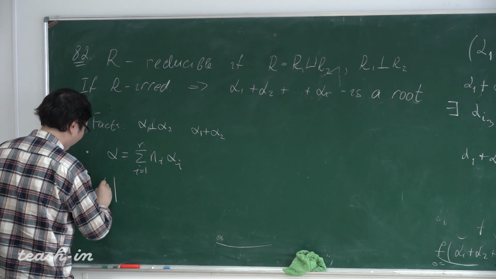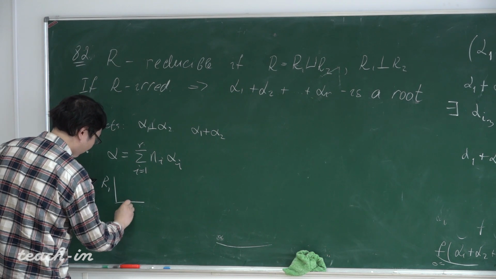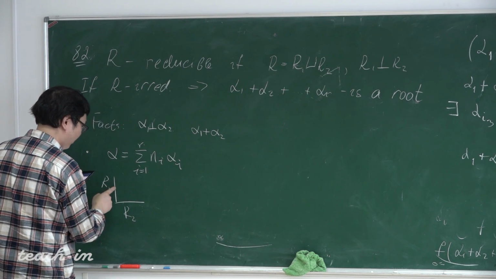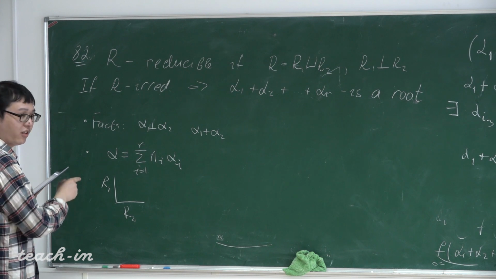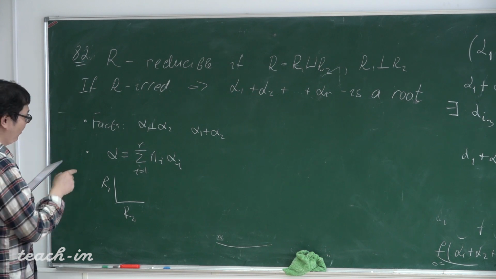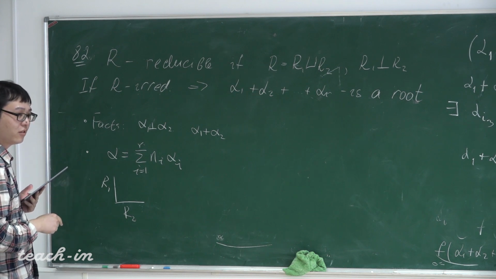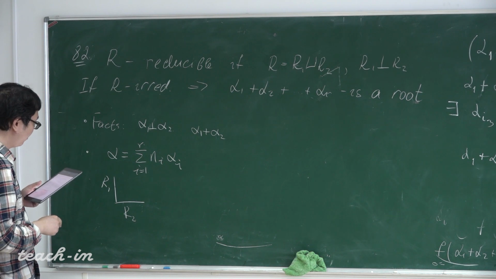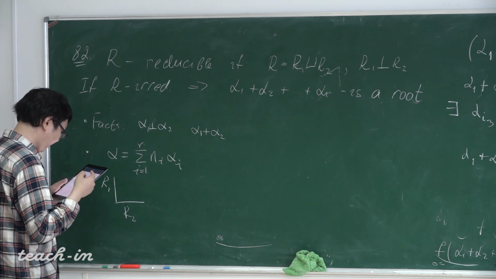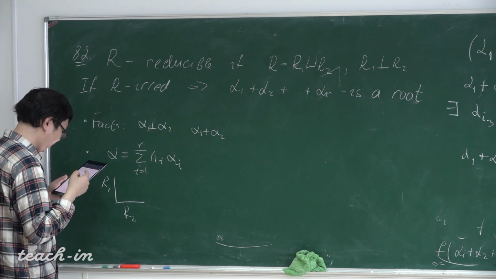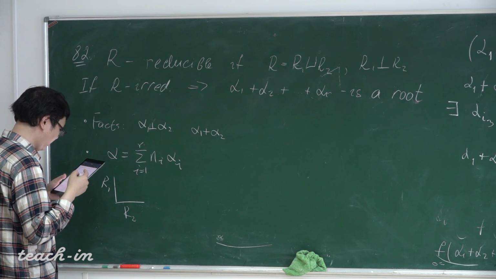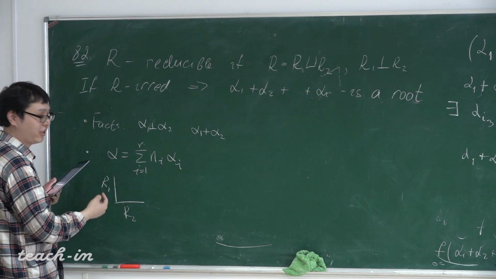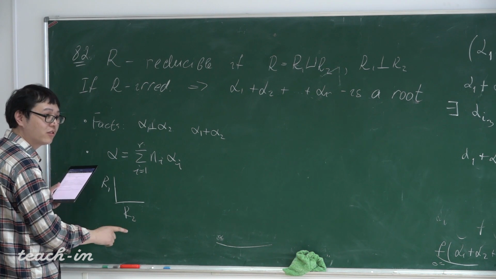We can choose some orthogonal alpha 1, alpha 2, and then this is simultaneously irreducible. I will prove this cannot happen. Can you say it more clearly? So what are R1 and R2? I mean the collection, a group of simple roots.